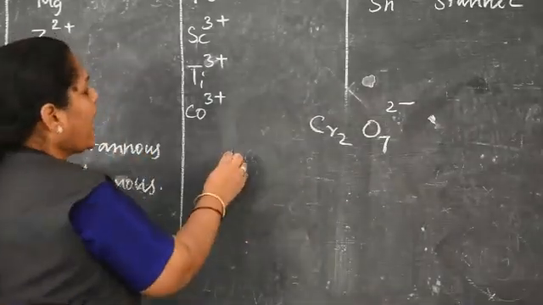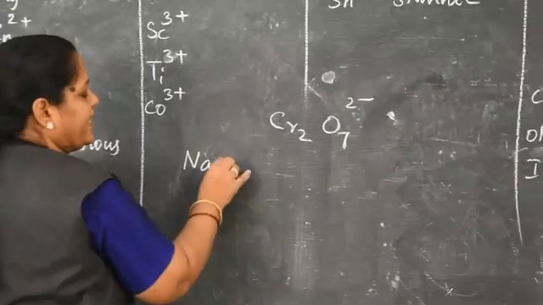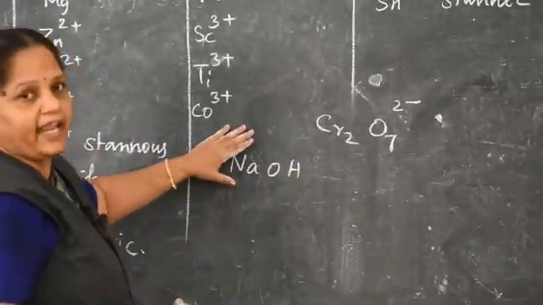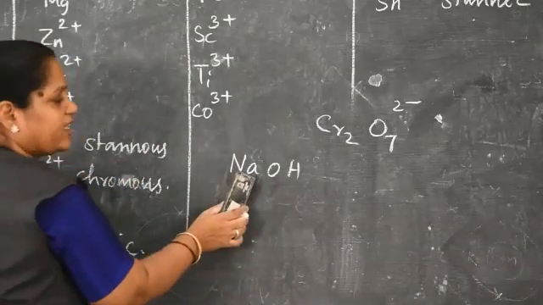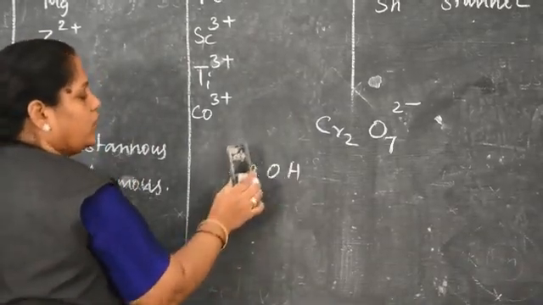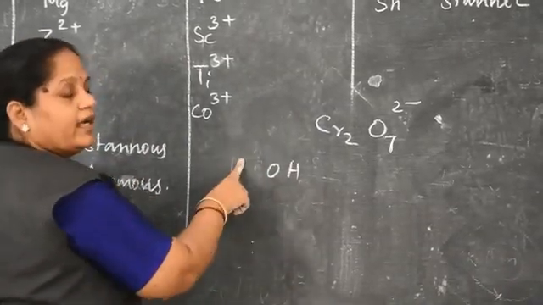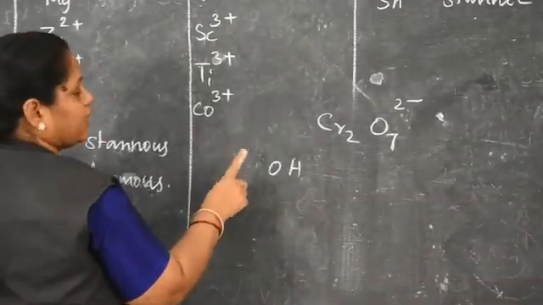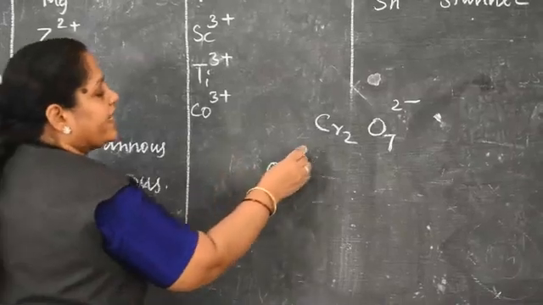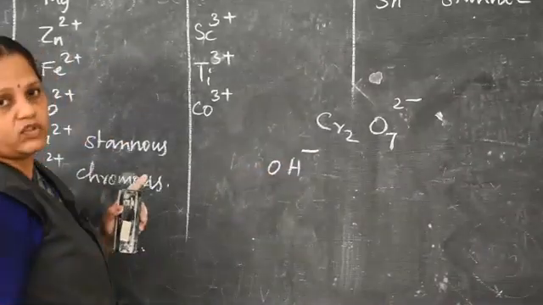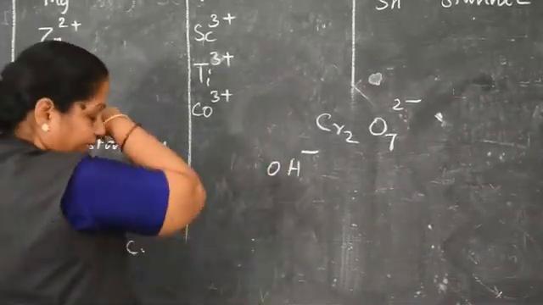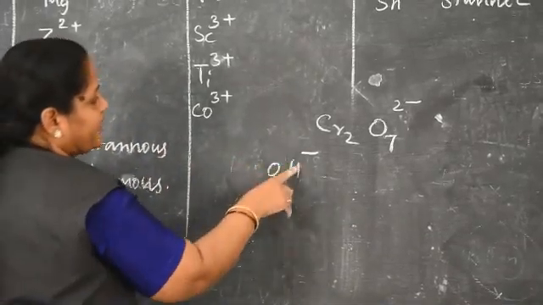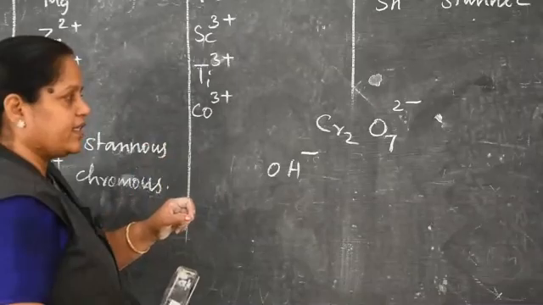Okay. I write the compound NaOH. What is the charge of sodium? Na+. So I remove this atom from this compound. So after removing this one, it carry what charge? Minus charge. Okay. So like this you can find out the oxidation number.